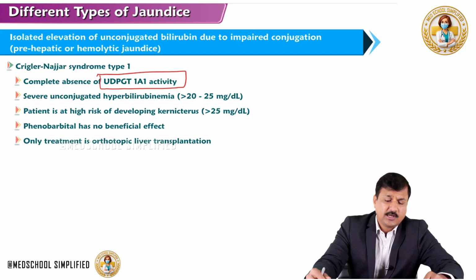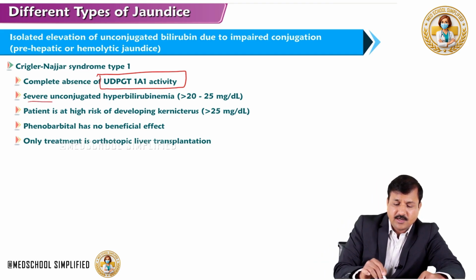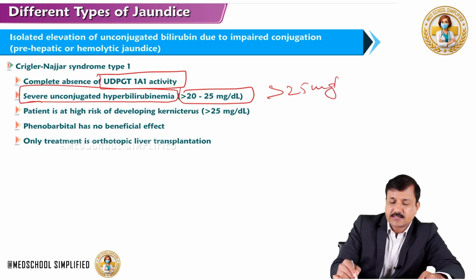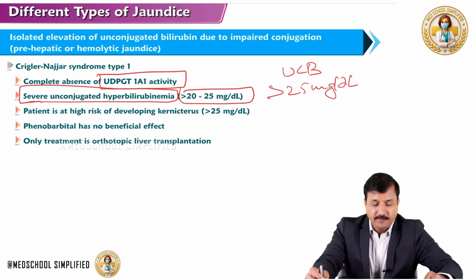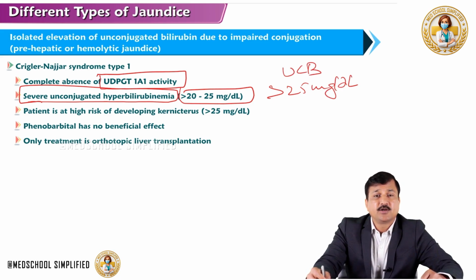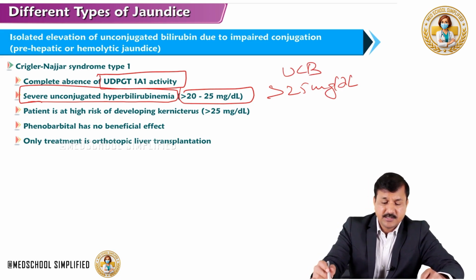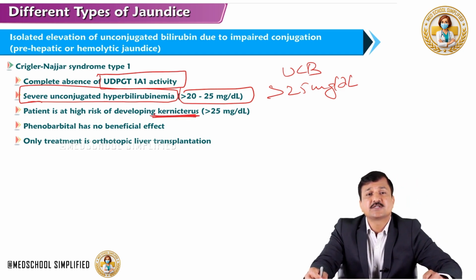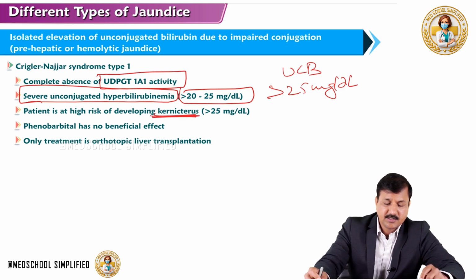If that enzyme is totally absent, there will be severe unconjugated hyperbilirubinemia, exceeding 25 milligram per deciliter. Whenever unconjugated bilirubin exceeds 25 milligram per deciliter, it will lead to kernicterus, a neurological issue.